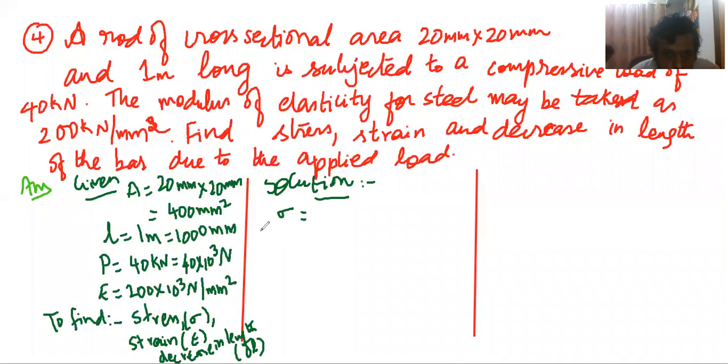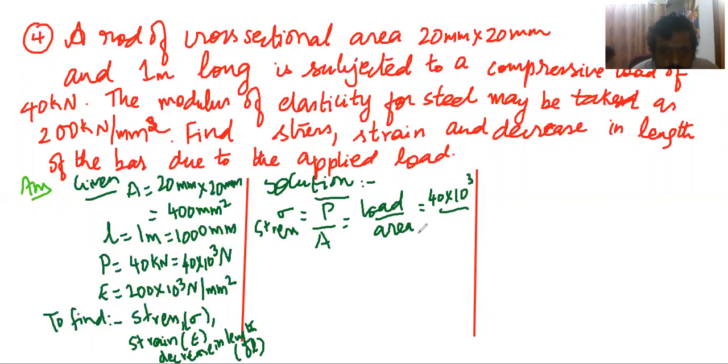Stress is equal to force by area, or load by area. So load is 40 into 10 power 3. Area A is, I think, 5d square by 4? No, here it is not a circular cross section because diameter is not given. He has given the area, so A equals 20 into 20, that is 400 mm square.